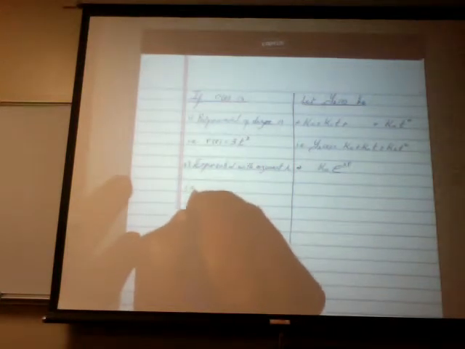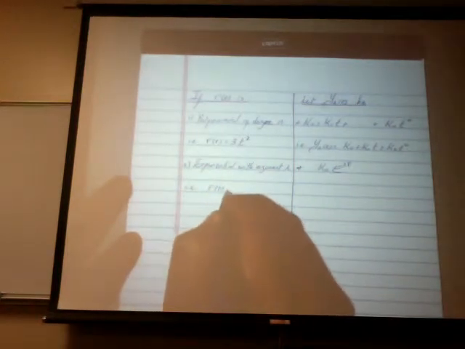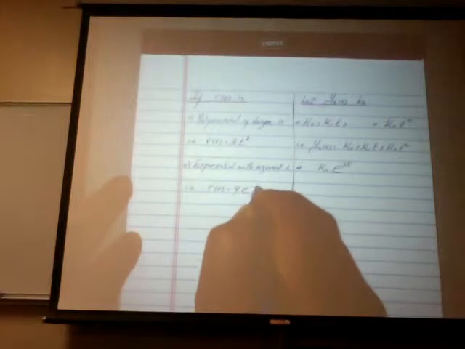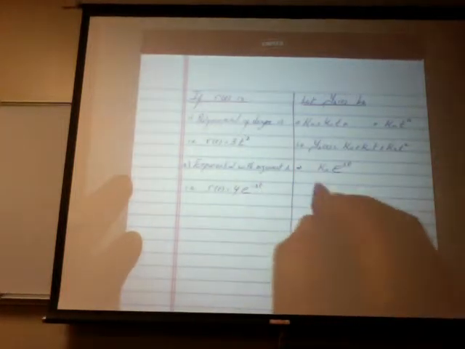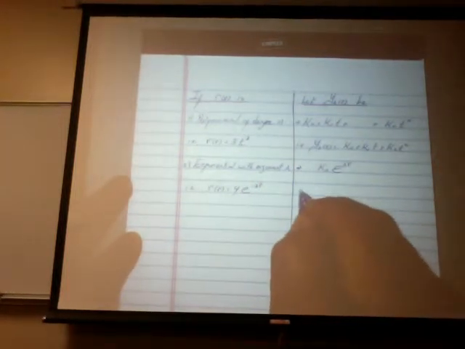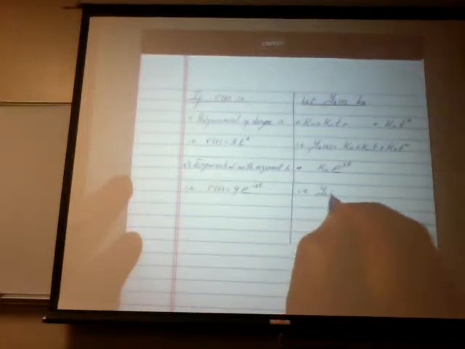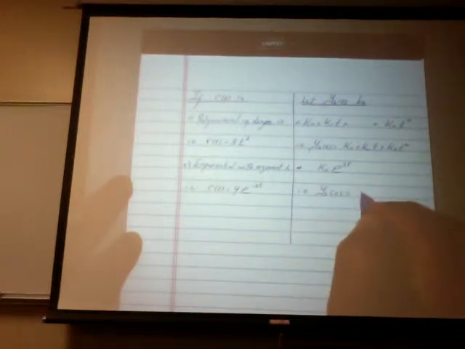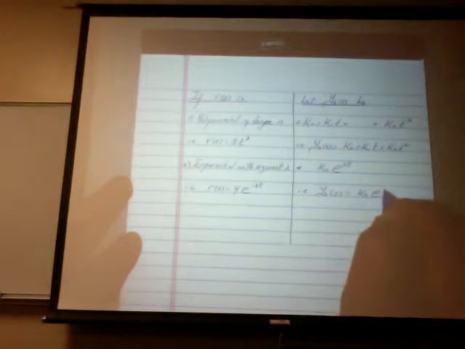Same argument. So for instance, if r of t is equal to 4e to the minus 2t, then you let ys of t be equal to k0 times e to the minus 2t. You preserve the argument, minus 2 in this case.